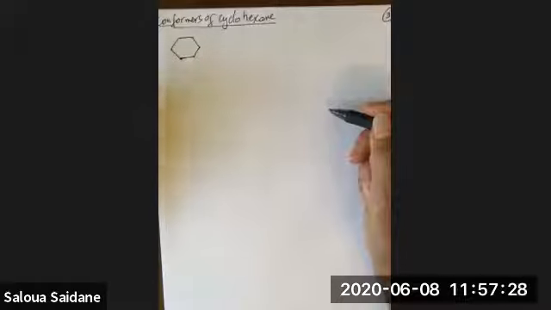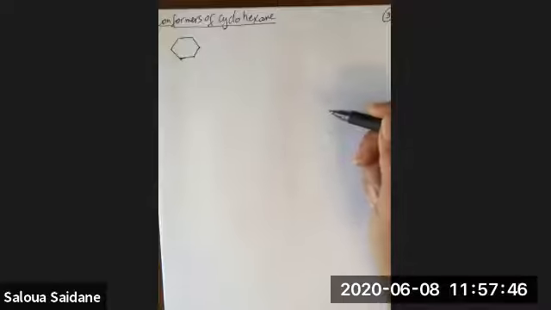This is a very simple representation of cyclohexane, but it doesn't really show the substituents or the atoms where they are in a 3D environment. So how do we represent a cyclohexane in a perspective form? This explanation, by the way, is written in detail starting at page 125.